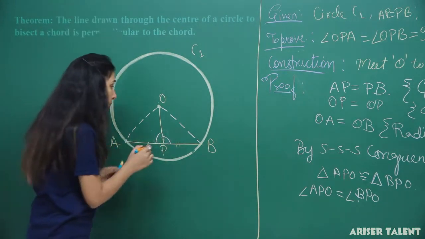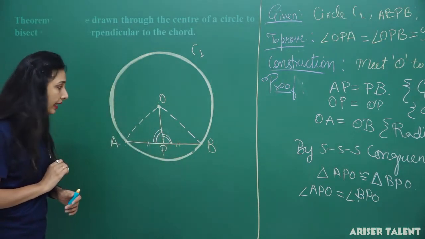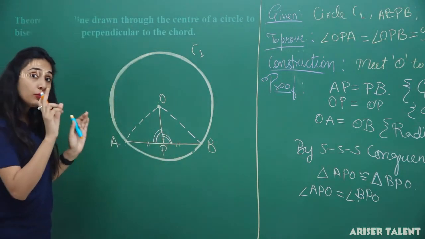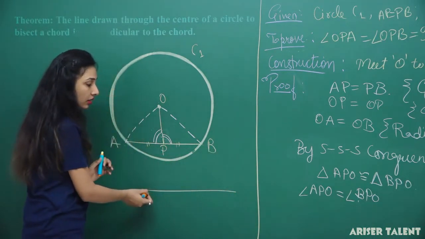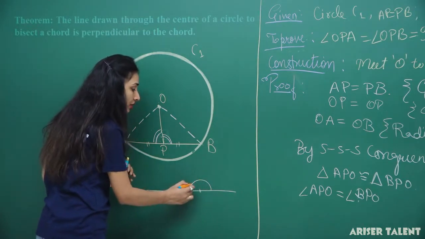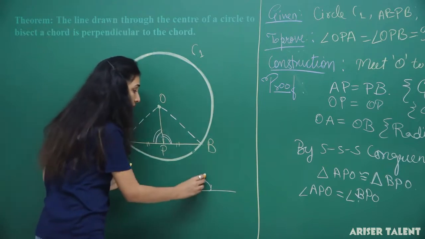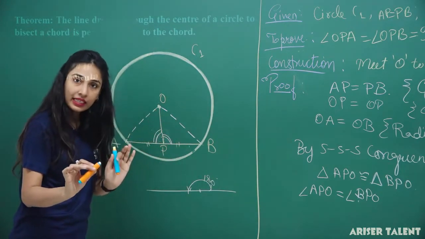These two angles are equal. But listen very carefully: this is a line, and whenever you draw a line and have any point on it, that angle is equal to 180 degrees. So this angle and this angle together equal 180 degrees.